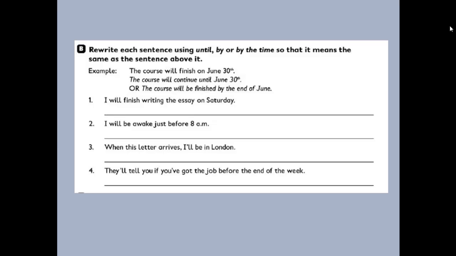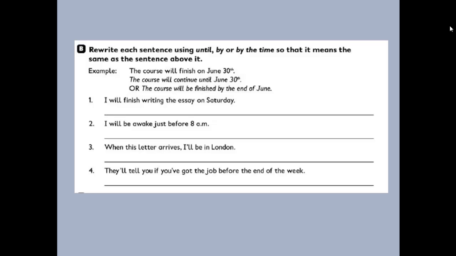Number 3. When this letter arrives, I will be in London. I can say by the time this letter arrives, I will be in London. Or I can say it, I will be in London by the time this letter arrives.